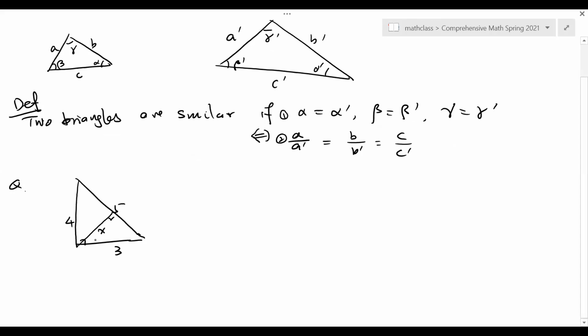How do I do that? Well, you can take a look at this small triangle, and I put it here. This side is x, and the other side is 3. Remember, we just cut it and rotate.